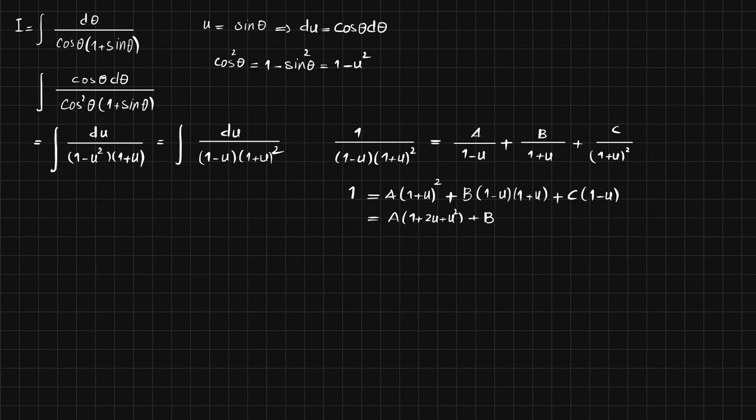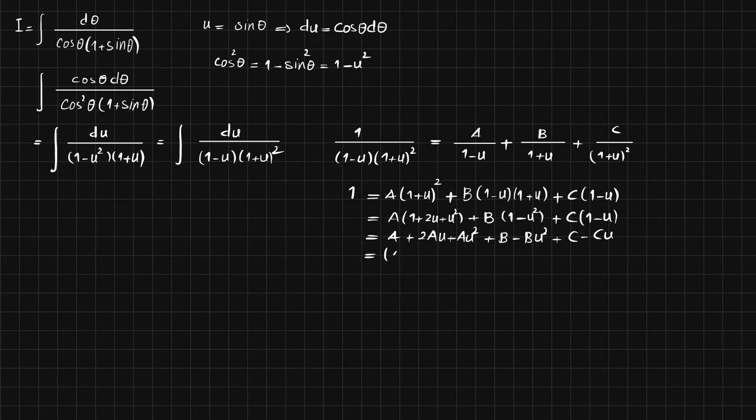This is the conjugate rule, so it becomes the first one squared minus the second one squared, and the last one I just copy, and then I expand, so it becomes a plus 2au plus au squared, and then I have b minus bu squared plus c minus cu. Finally, I will write this as a second degree polynomial in standard form. So I have two terms involving u squared.